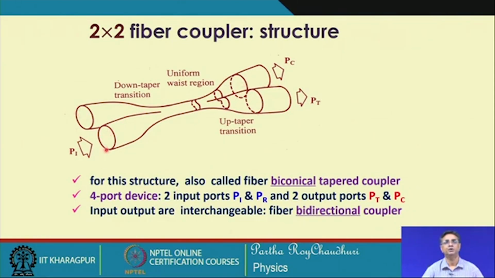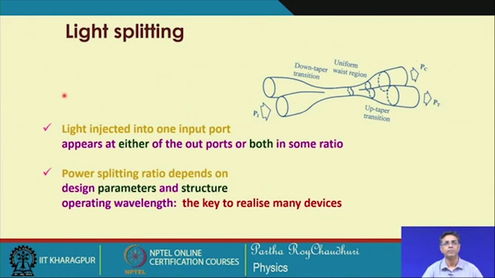You have two input and two output ports, but these two output ports can also be treated as input ports. Light is bidirectional, by the reciprocity of light. Therefore, this coupler is also called a bidirectional fiber coupler. Light injected into one port appears at one of the output ports or at both ports in some ratio.